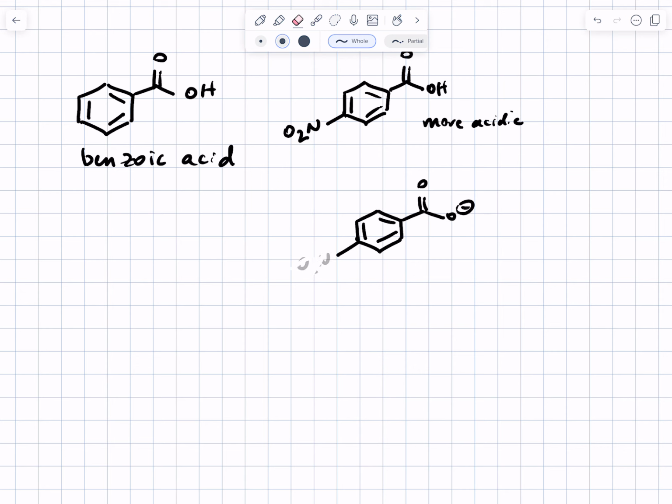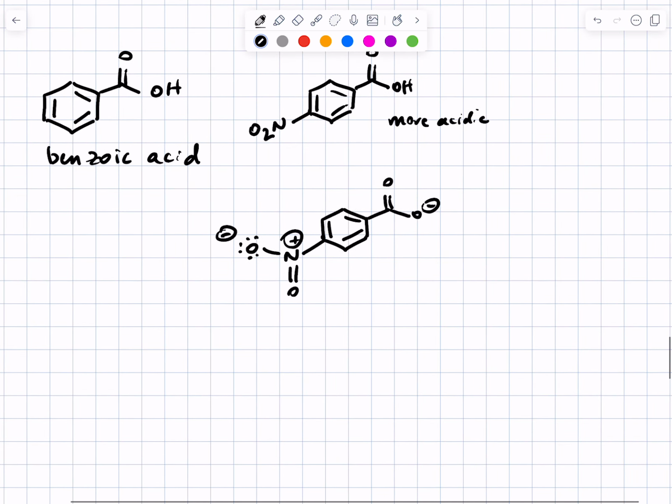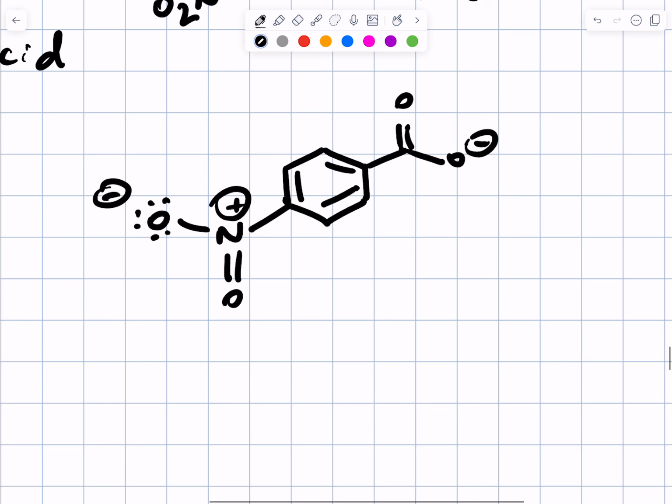To show you this, I'm going to draw for you the actual Lewis structure of the nitro group. What I'm going to tell you now will become important in a subsequent chapter. Notice that in the nitro group, adjacent to the benzene ring, I have an atom that's doubly bonded to an oxygen.